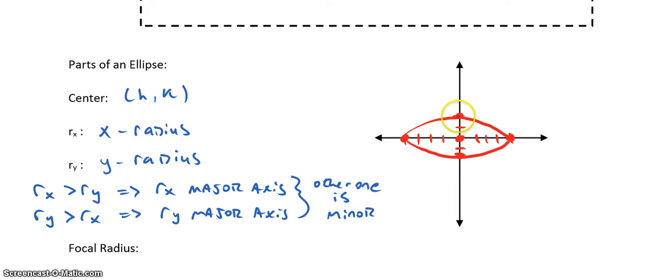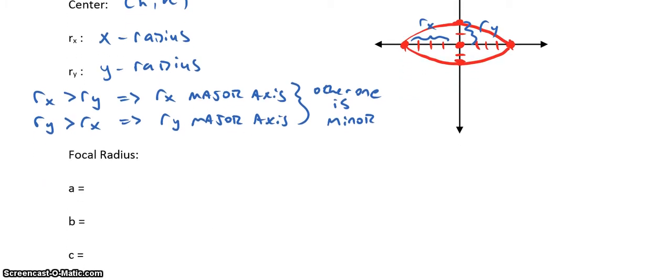Notice it's like a circle that was stretched sideways. In this case, this would be my x radius, and this would be my y radius. In this case, my x radius is my major and my y radius is my minor, because my x radius is 4 and my y radius is 2, so my x is larger. Alright, so that's how we do that.